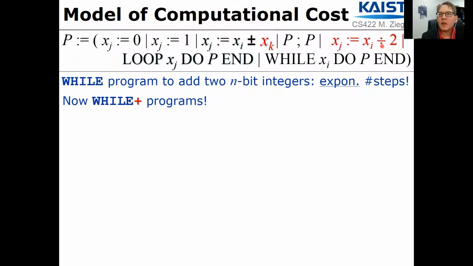Also, there's a new operation of division by 2, rounding down if the argument happens to be odd.